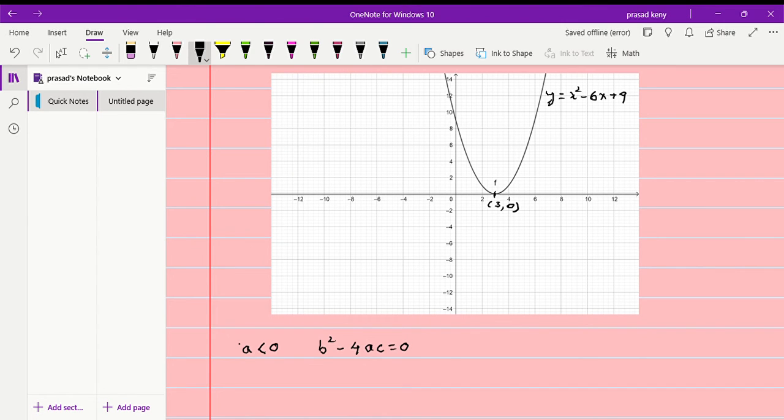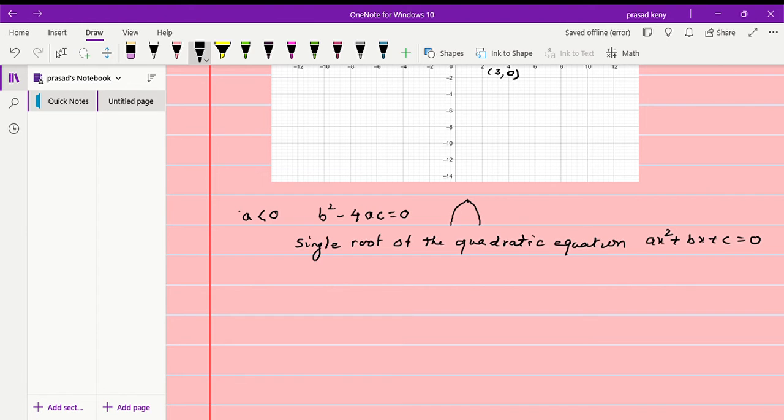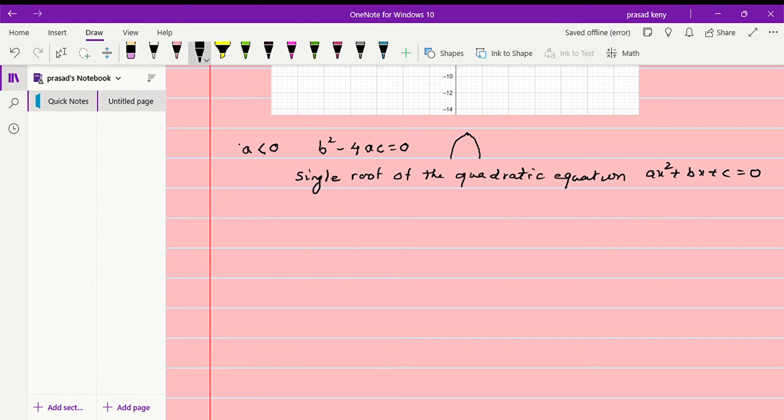Now a is less than 0 means obviously the graph will be opening downwards, and b square minus 4ac is equal to 0 means there is a single root of the quadratic equation ax square plus bx plus c is equal to 0, and hence the graph will just touch the x-axis in a single point because there is a single root.